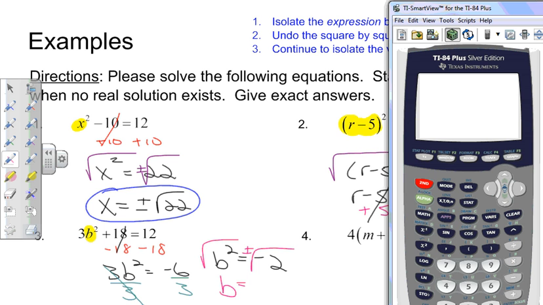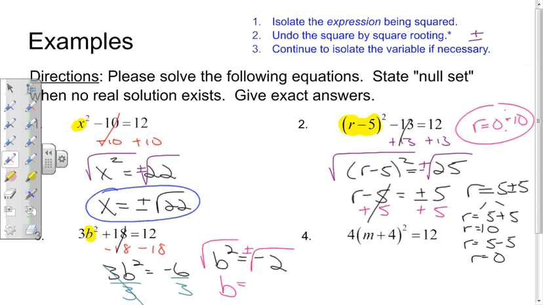So I'll do second square root of negative 2 and realize that that's non-real. This is an example of null set. You cannot square root a negative number and get a real answer. So we will say b is null set, which is done by this symbol. We're writing the words null set. So the answer to that question is that there is no answer.